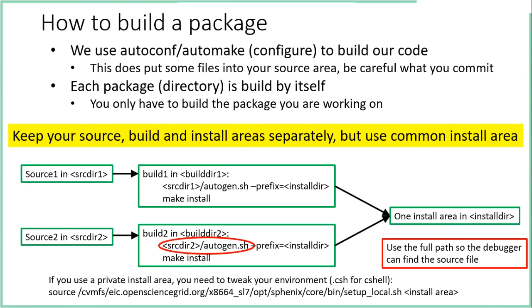A word of advice: keep your source, build, and install areas separate, but you definitely want to use a common install area. So in green you find the scheme. For one package, source one, you have a source directory.